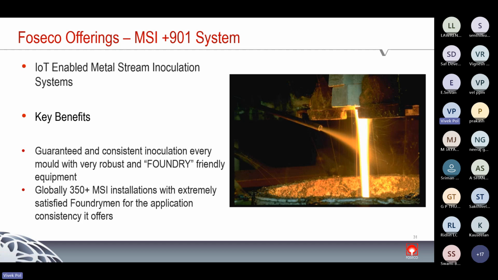And a machine like this MSI 901, which is IoT enabled, is the new version of the inoculation machine, which helps to achieve this optimum addition rate at a later stage. We can link this device with the pouring machine, molding machine, and also the spectrometer, since it is IoT enabled, and we can get good benefit out of this technology.